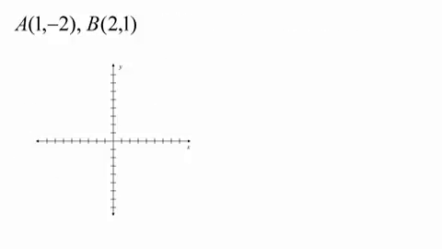So let's start with the points 1, negative 2 and 2, 1. First, let's plot the 2 points. 1, negative 2 is here. 2, 1 is here. Now we're going to find the slope of the line that passes through those 2 points. And again, slope is found by y sub 2 minus y sub 1 over x sub 2 minus x sub 1.